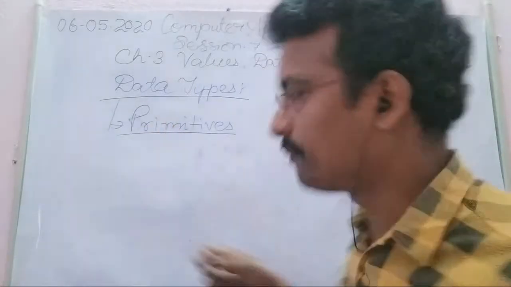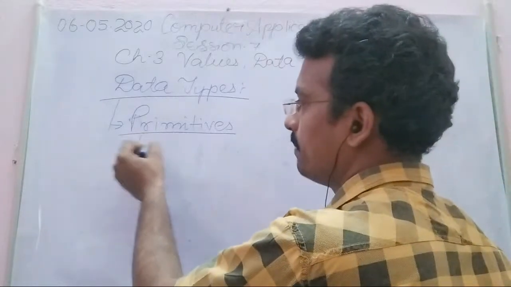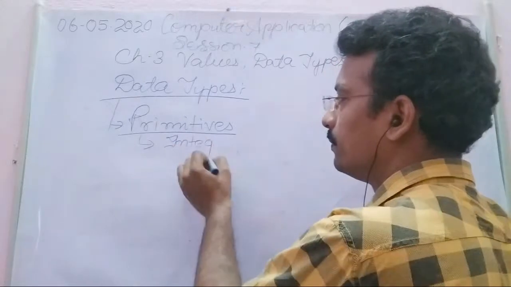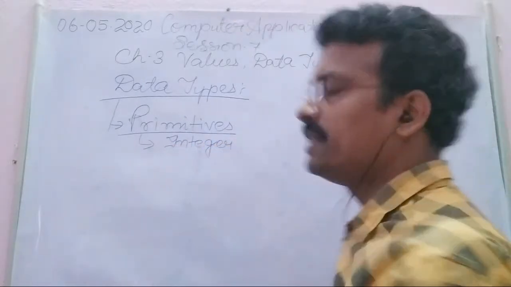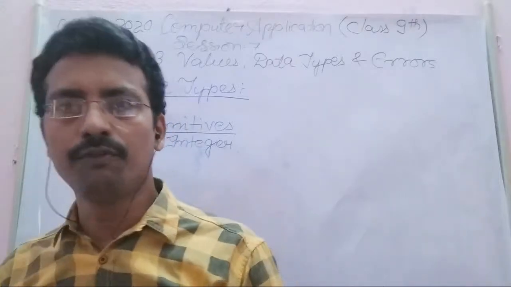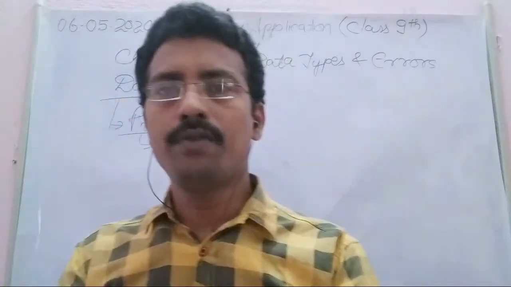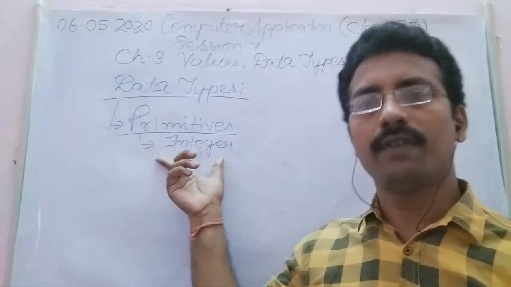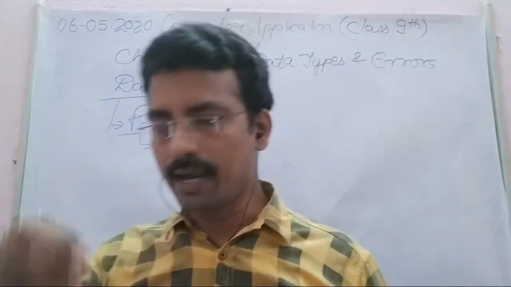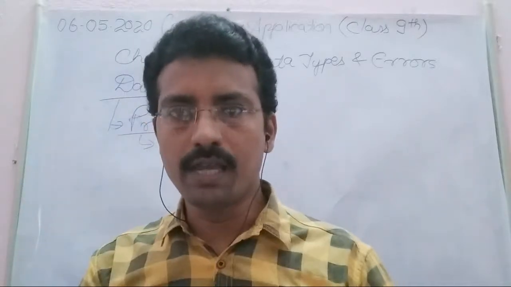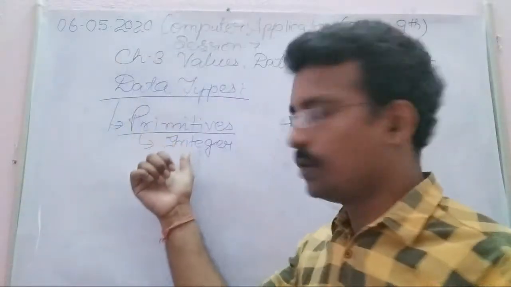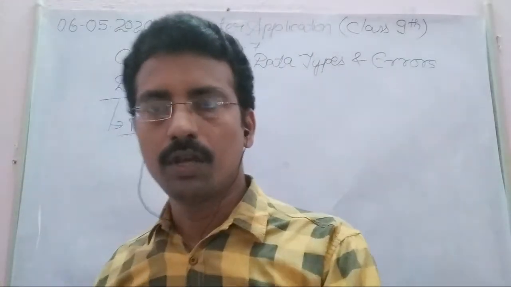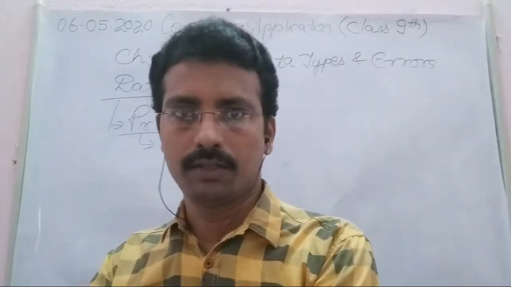Under primitives, the first category of data type is called integer. Integer data type is normally used for non-fractional values. When we use an integer data type in our program, we can utilize non-fractional values for operations.